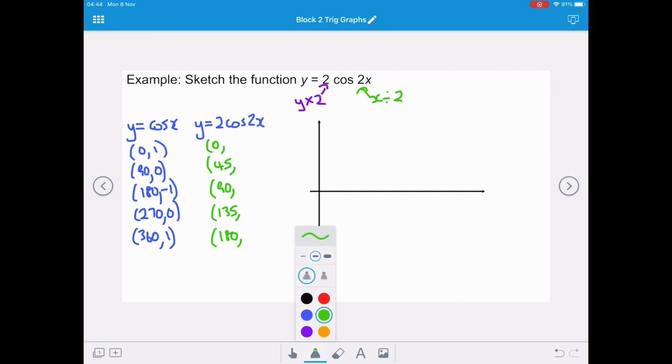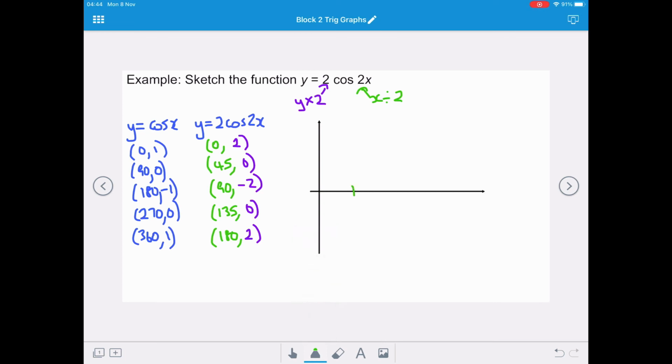Now we're going to determine our y coordinates, so we're going to multiply them all by 2. So we've got 2, 0, negative 2, 0, and finally 2. And that gives us one of our two waves that we need to sketch between 0 and 360 degrees.